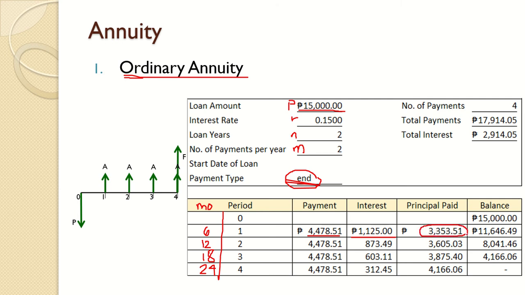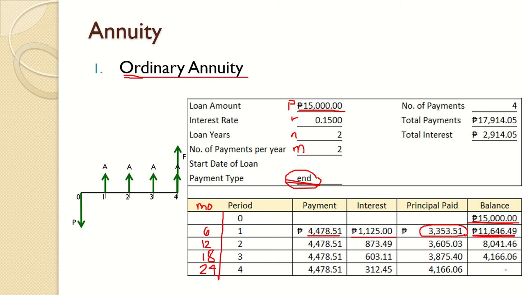So that's 3,353. So this is your debt, 15,000. Now then, to get the balance after the end of the first period, you subtract 3,353 from 15,000, which means after the first period, your remaining debt to be paid is 11,646.49.